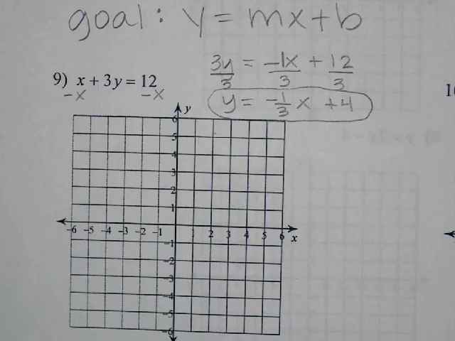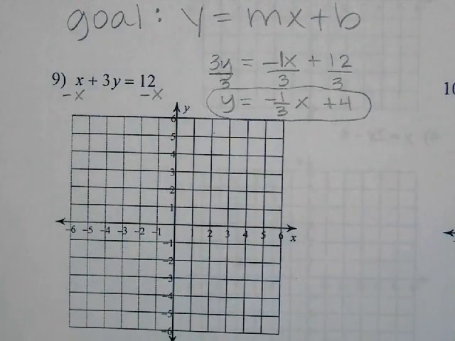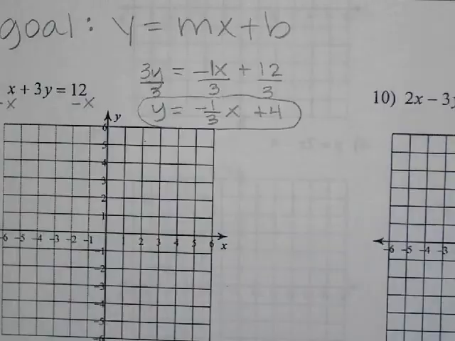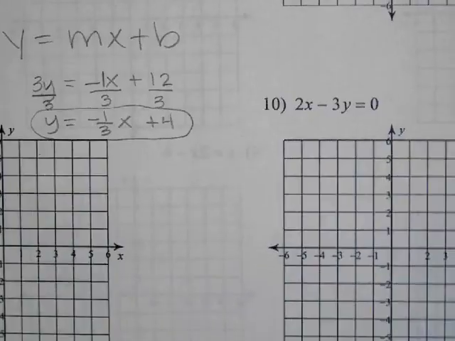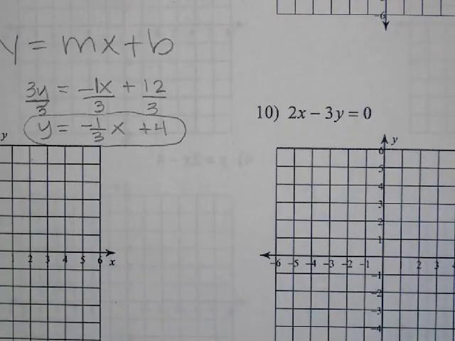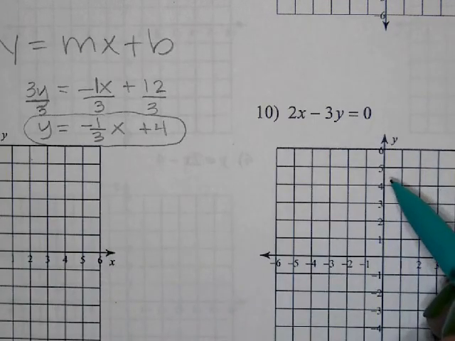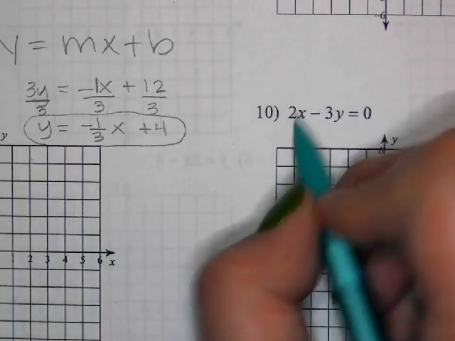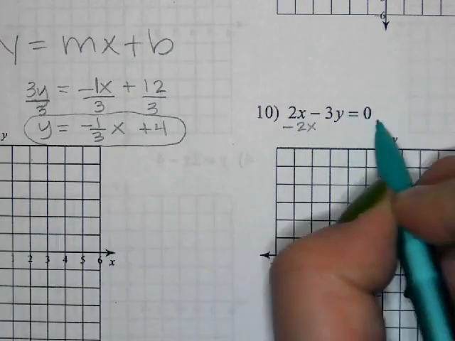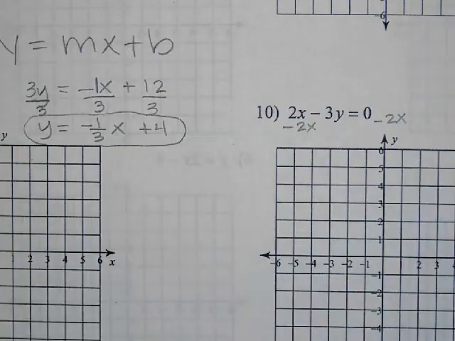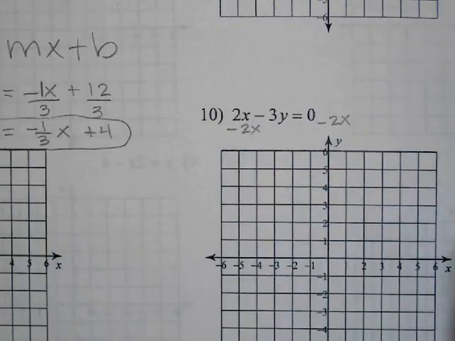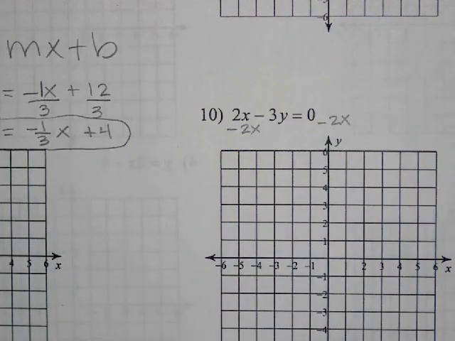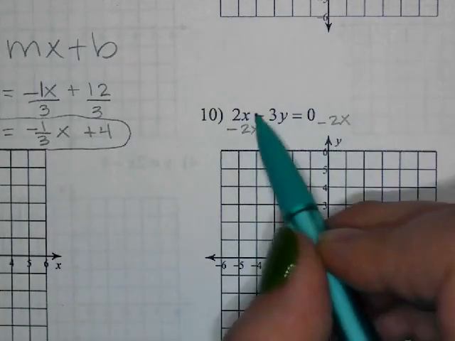All right, let's get number 10 ready to graph. So what should we do with number 10? Okay, minus 2x. So all that we have left over on the left side is negative 3y.